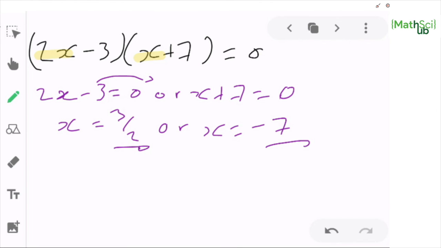So this is straightforward factorizing of the expression. So this was nice and straightforward.